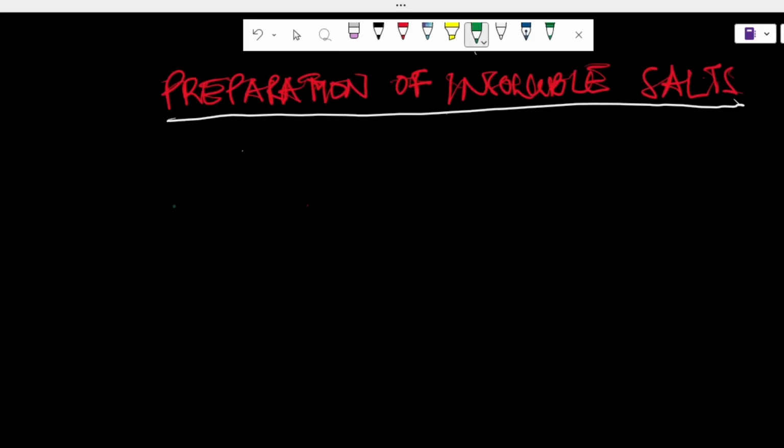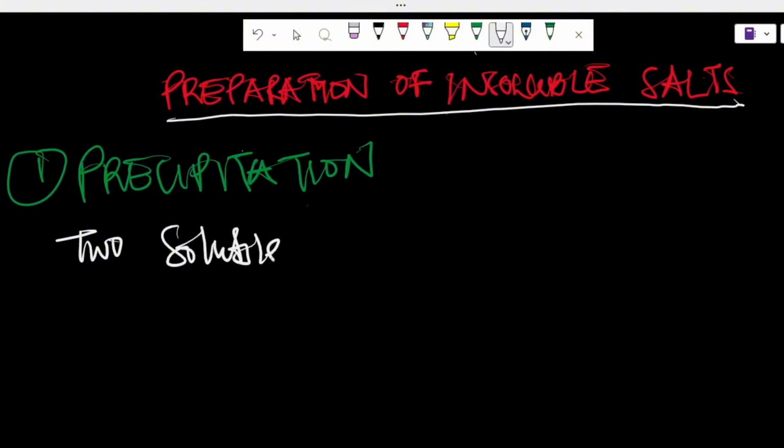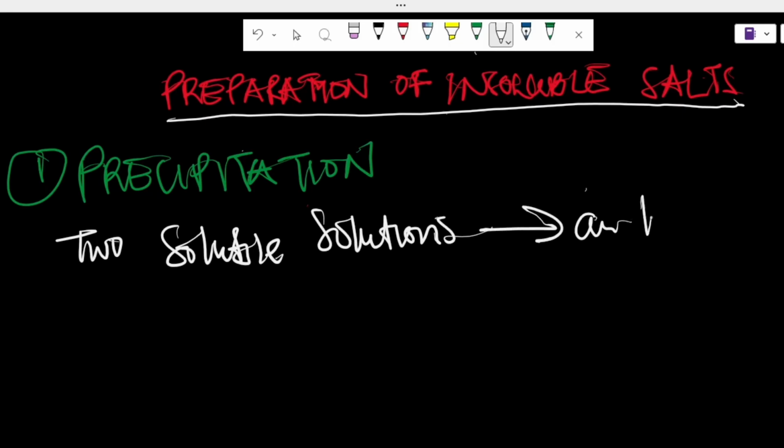The next thing we want to talk about is the preparation of insoluble salts. So how do you prepare the insoluble salts? Well, the first method is what we call precipitation. Now, when you're talking about precipitation, usually you're trying to use two soluble solutions. And they are going to give you an insoluble precipitate.